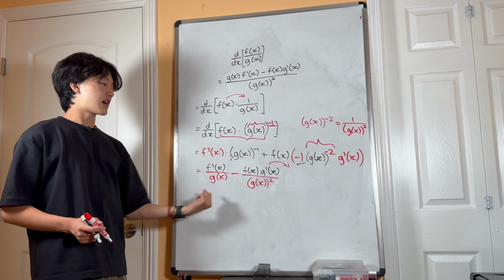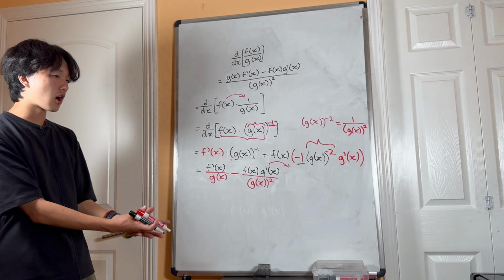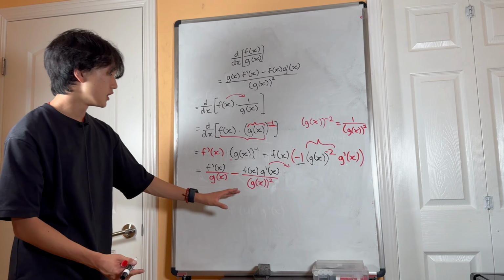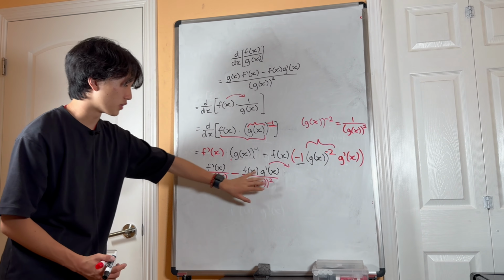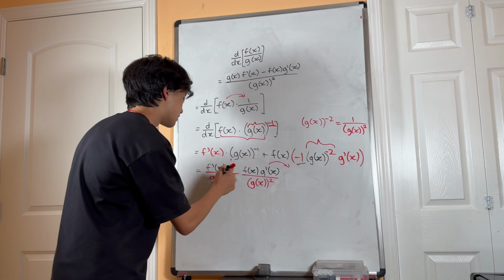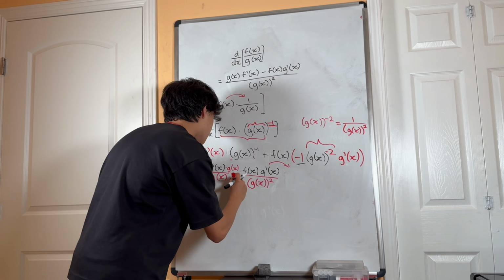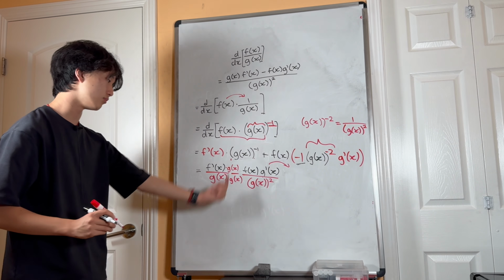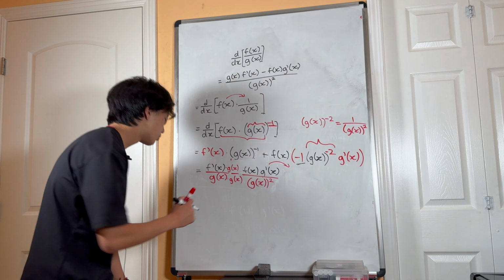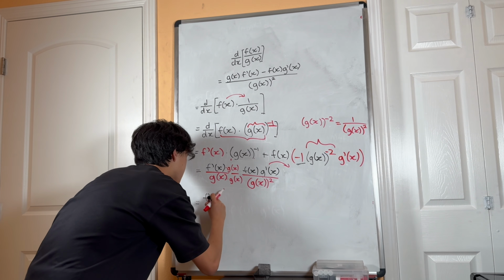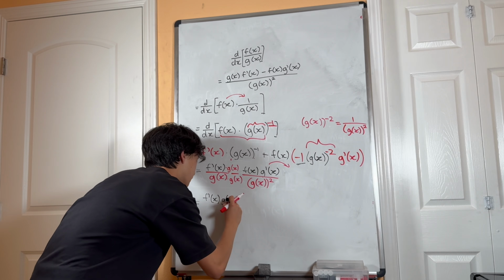Alright, finally, notice how this entire thing right here is just one fraction. Well, I want to make this one a single fraction too. So what's the least common denominator? It's just g of x squared. We don't need to touch this second term right here. All we've got to do is, for this first term, multiply g of x on top and g of x on the bottom. It's just multiplying by a big 1. On top, that's going to get you f prime of x times g of x.